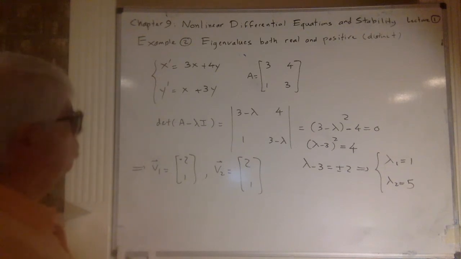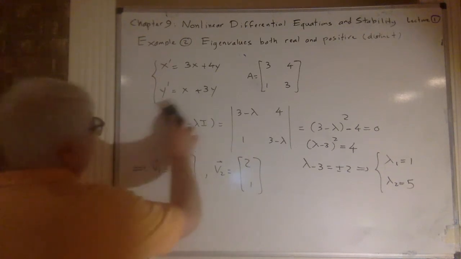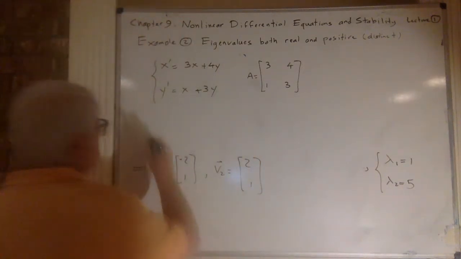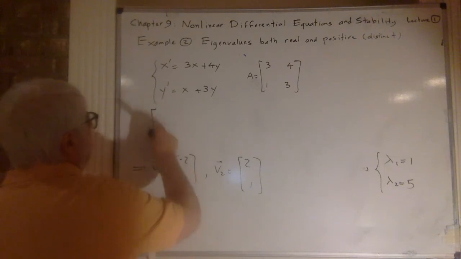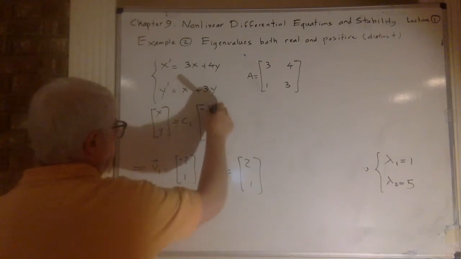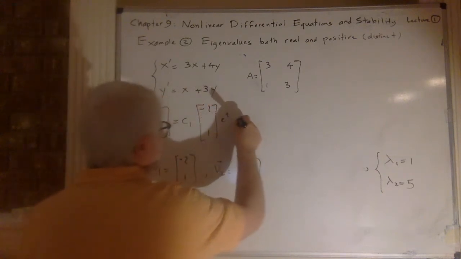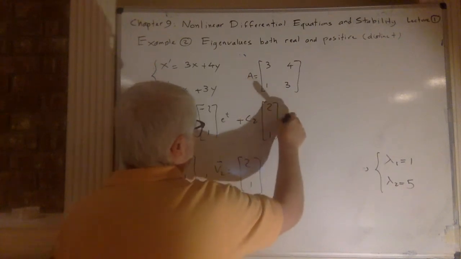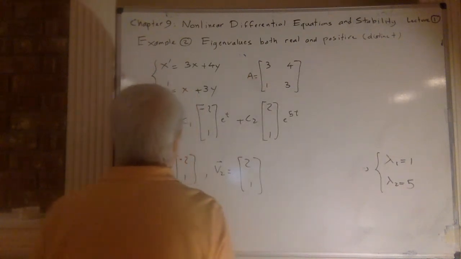So the two solutions will be like this. Let me erase everything, and the two solutions will be x and y equals C1 (minus 2, 1) e to the power t plus C2 (2, 1) e to the power 5t.